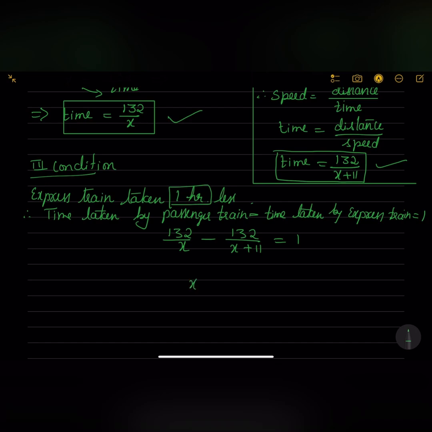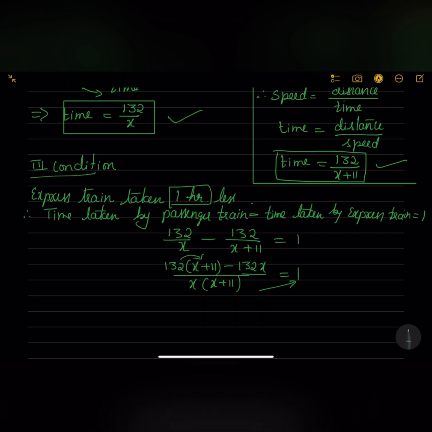LCM, x into x plus 11 is the LCM, and this will be 132 into x plus 11 minus 132x is equal to 1. We'll cross multiply, or first we can multiply here and then we'll cross multiply.